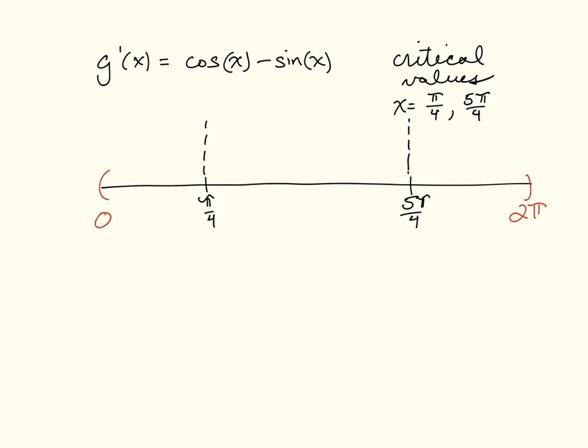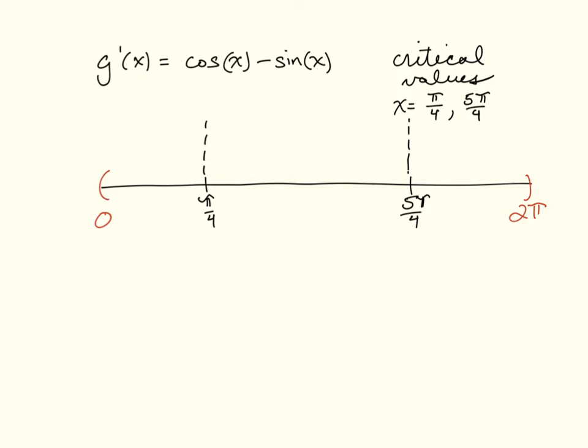So when we are figuring out which intervals are increasing and decreasing, we cannot go past 0. You cannot pick negative pi or negative pi over 2 to help you figure your answer. It has to be a value between 0 and pi over 4. The similar idea over here on the right side of this graph, we cannot pick a number past 2 pi. So you have to pick a test value between 5 pi over 4 and 2 pi.